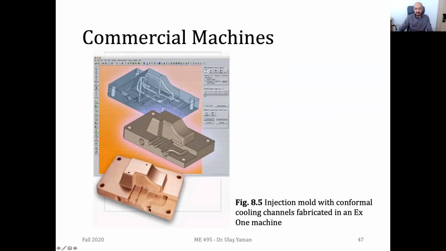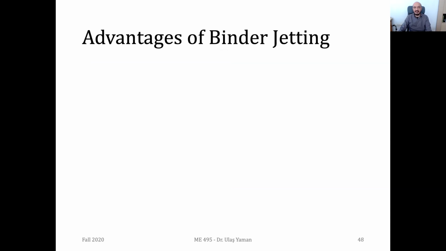You don't need to have support structures or any kind of special cores. Instead of cores, you can have two parts fabricated and then join them together through these holes. And it's very useful for casting operations. Any questions, guys?